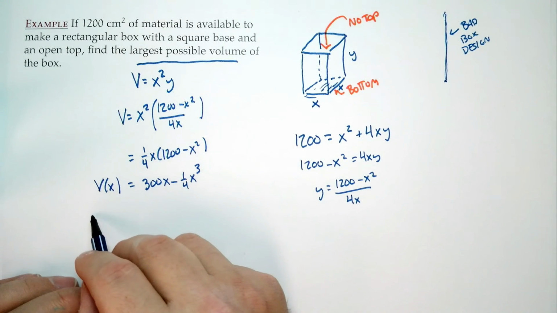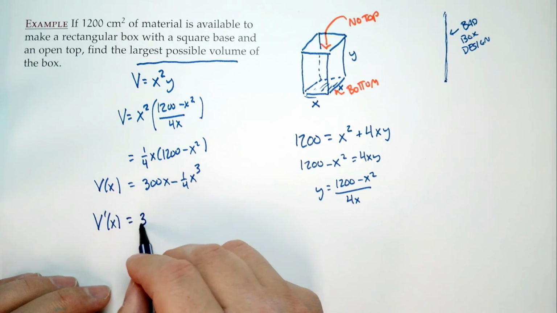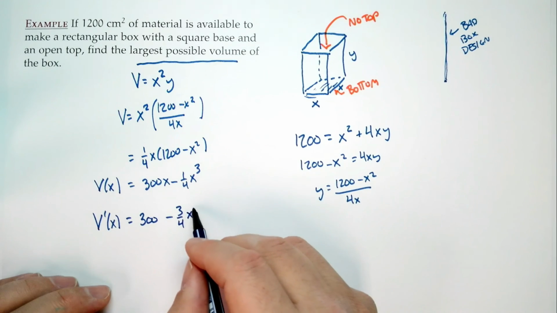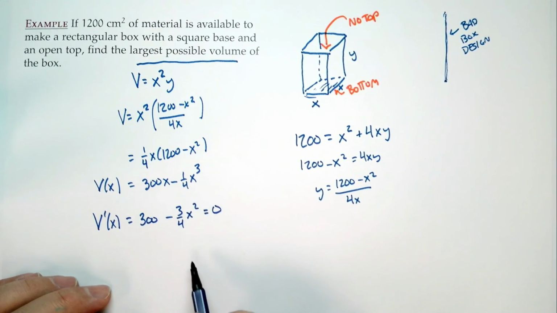So we take our derivative, because we're looking for our critical points. That'll be 300 minus 3/4 x squared. Well, never undefined, set it equal to 0. 3/4 x squared had better equal 300. And now, what do we get?